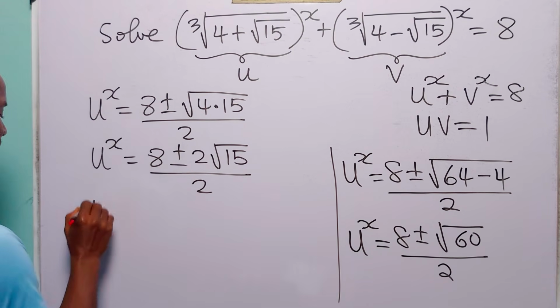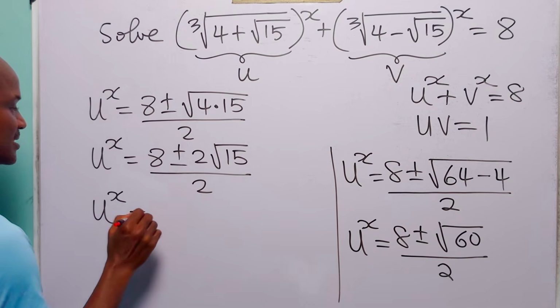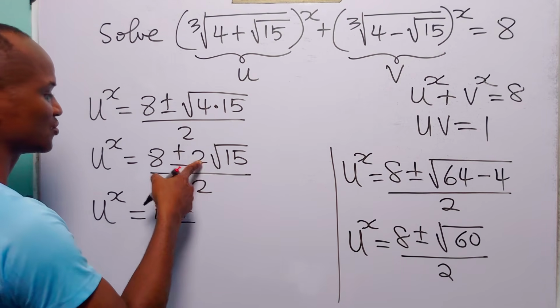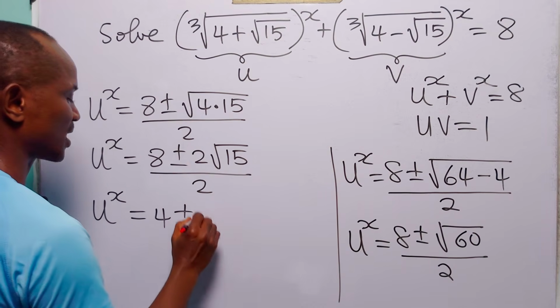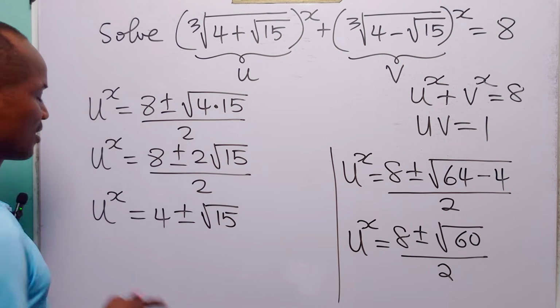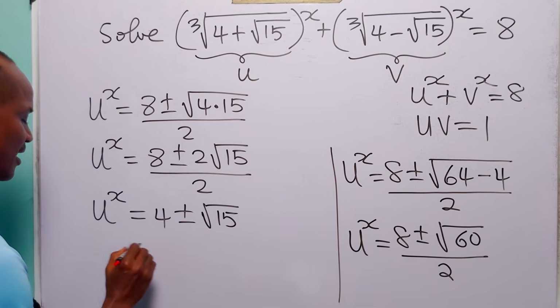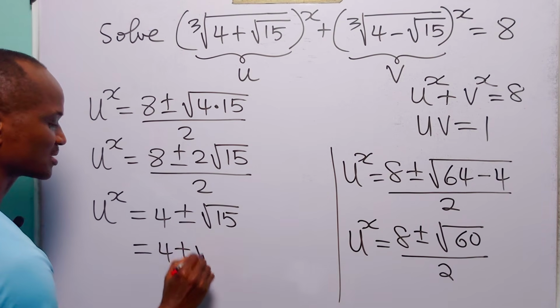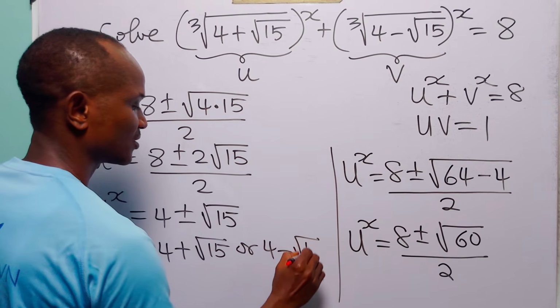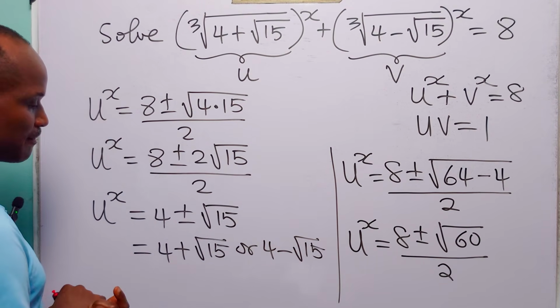Now, of course, from here we have that u to the power x is equal to 8 divided by 2 is 4, plus or minus 2 divided by 2 is 1, root 15. So we have two values for u to the power x. We have 4 plus root 15, or 4 minus root 15.